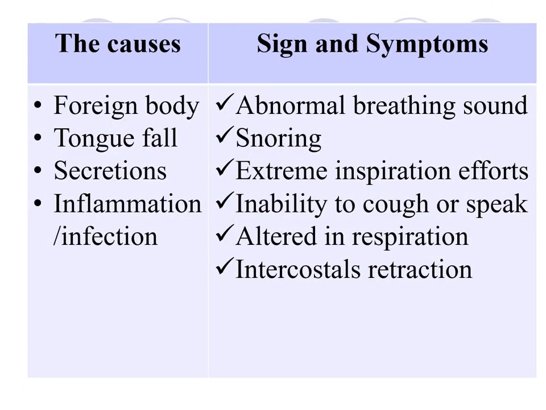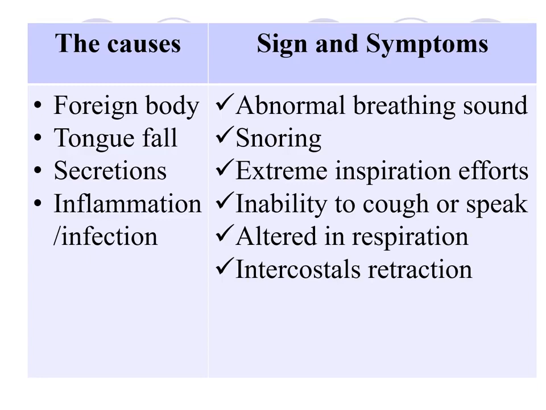We'll come to the causes and the signs and symptoms. The causes for upper and lower might be a foreign body, or the tongue falling back due to relaxation of the tongue, going backward and closing the airway.